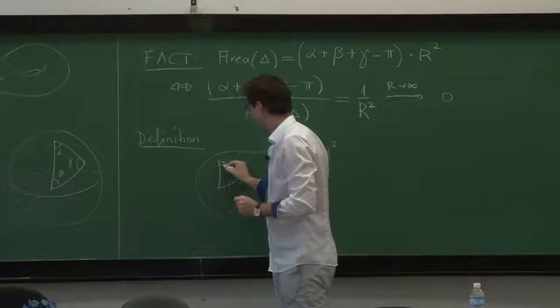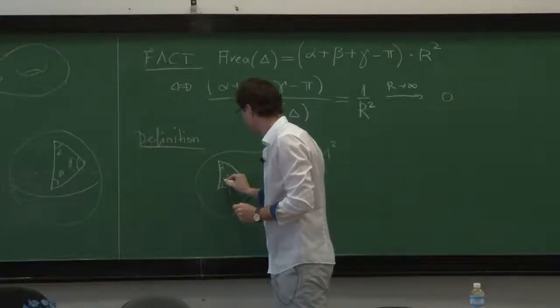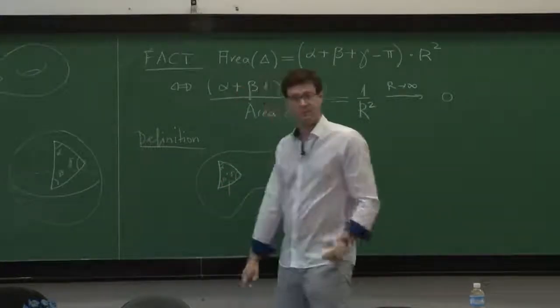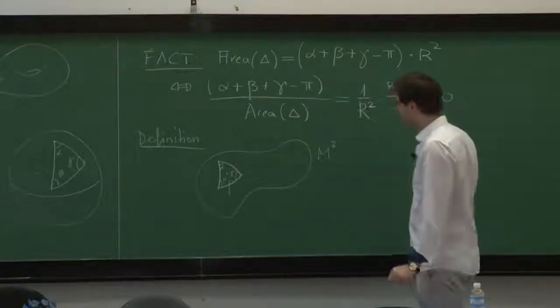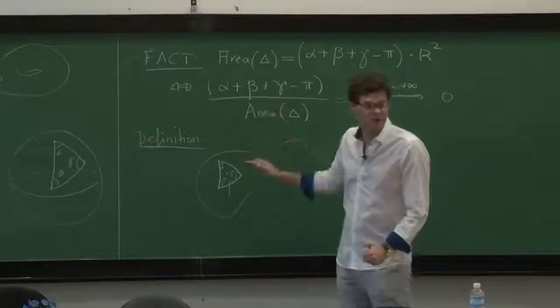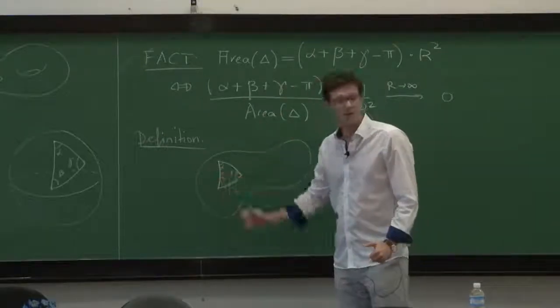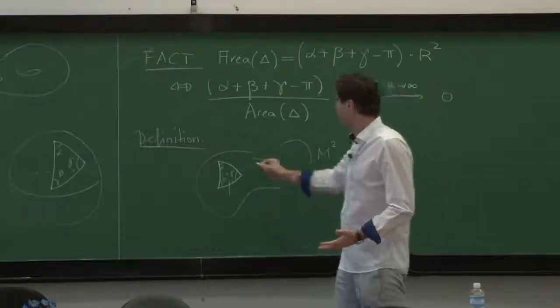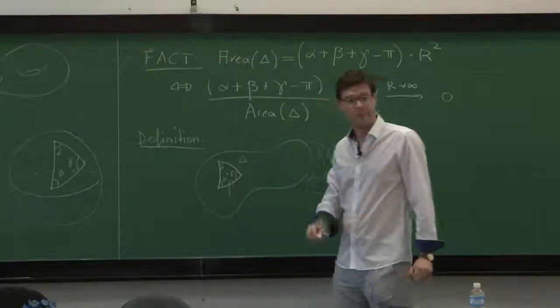And I again have the angles alpha, beta, and gamma. I don't have that fact here because I'm not on a sphere. But still, I can measure the length and I can measure the area of that triangle.